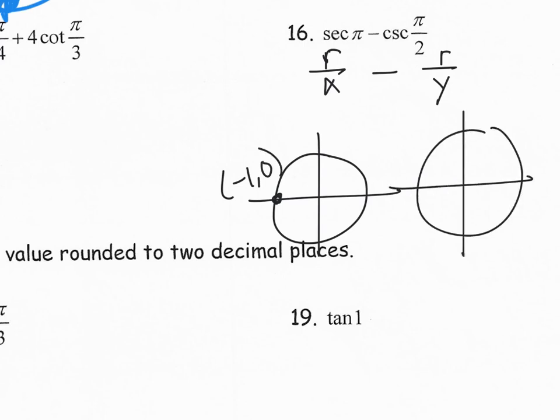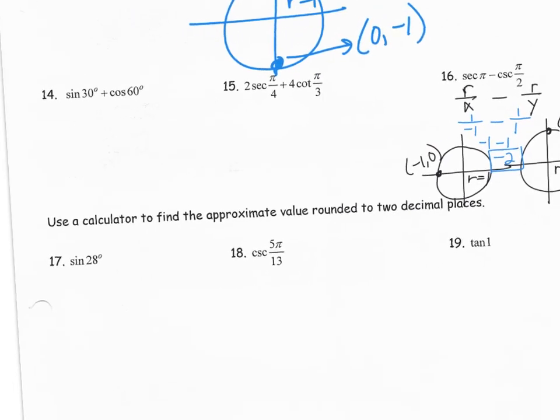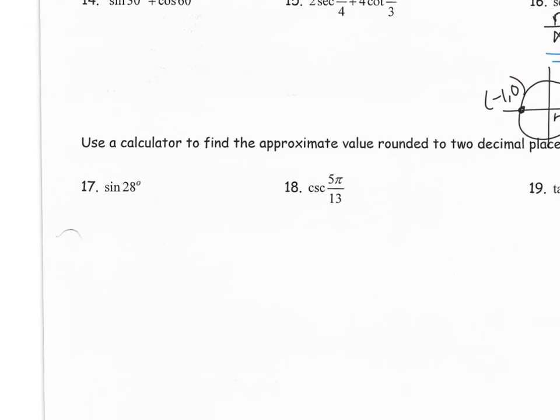Pi over 2 is up here, 0, 1. Again, don't forget, radius 1, radius 1. So if I want to do radius over the x value for pi, it would be radius 1 over x value, minus radius 1 over y value. So for this problem, I have negative 1 minus 1, and I get negative 2. All right, you guys try 14 and 15.